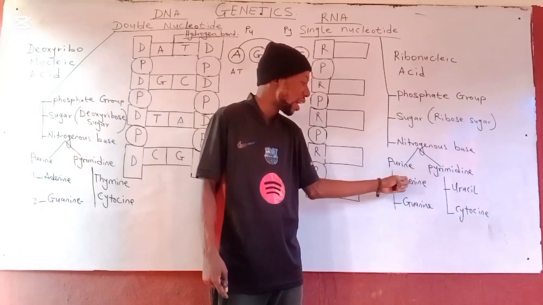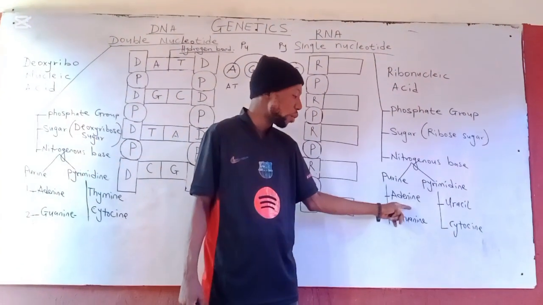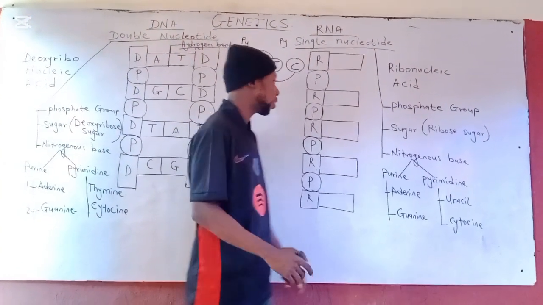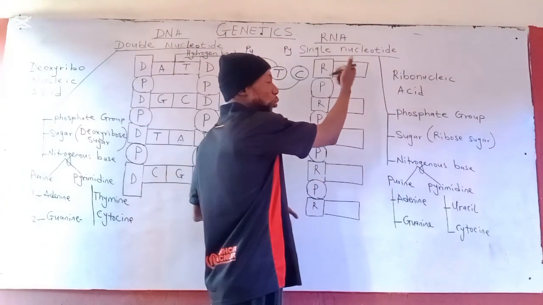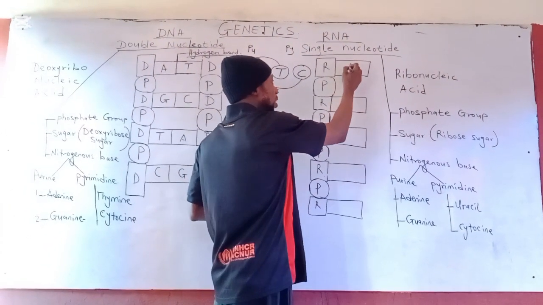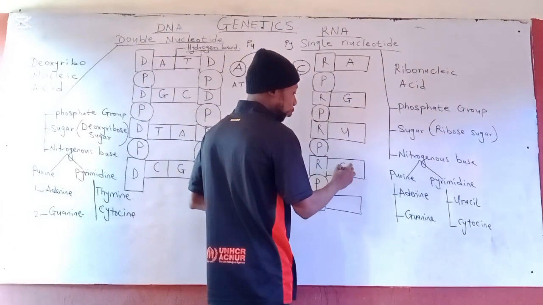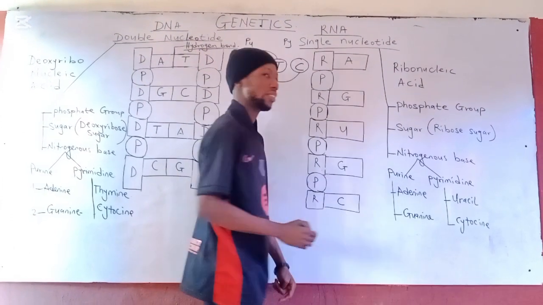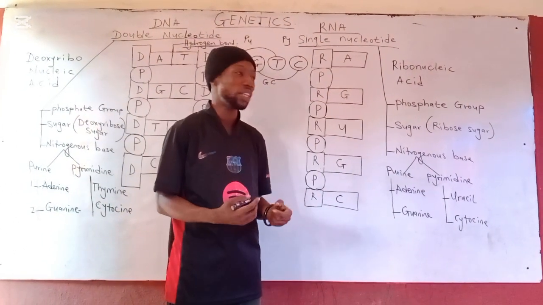So these are the nitrogenous bases of RNA. Because it is not pairing, because it has a single nucleotide, it can be adenine, guanine, uracil, guanine, cytosine. It can be anywhere, depending on how you want to arrange.